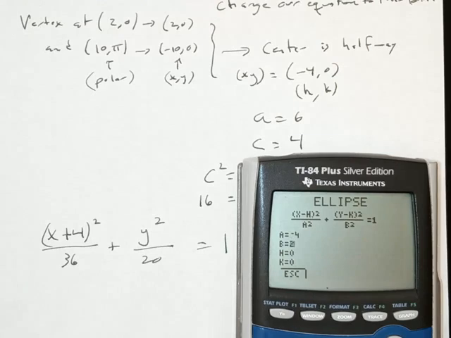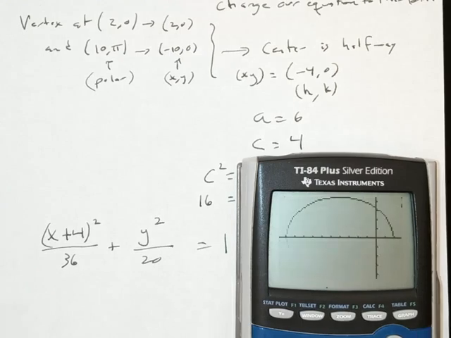A is 6, B is the square root of 20, H is -4, and K is 0. It's the same picture. -2 to 12.